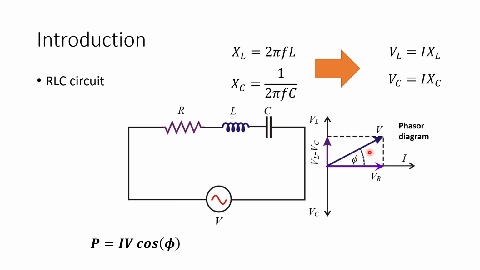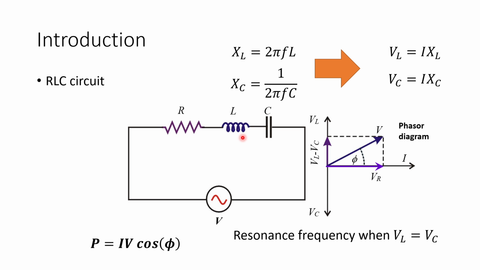By projecting V to be V cosine phi, you can calculate the power to be IV cosine phi. The cosine phi is what you call the power factor, and it determines how much power is being used in the entire system into the resistor, or how much power is being really put to work.